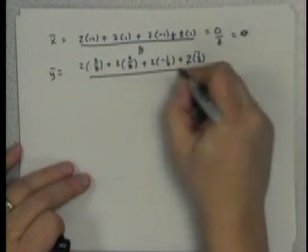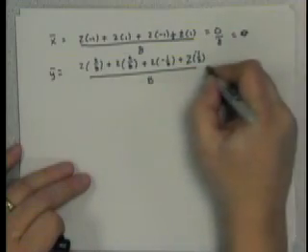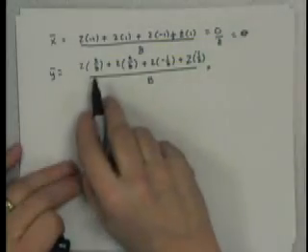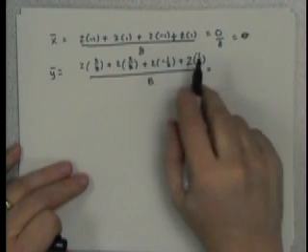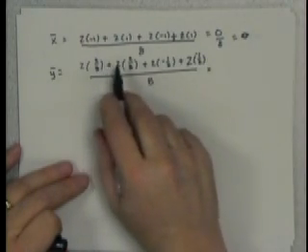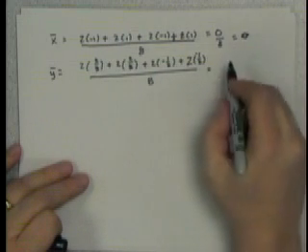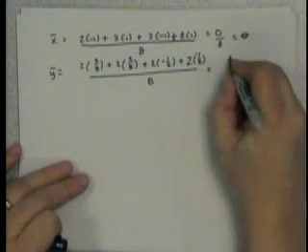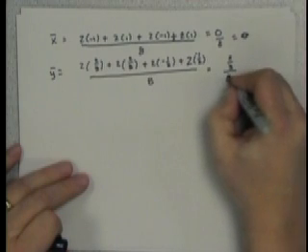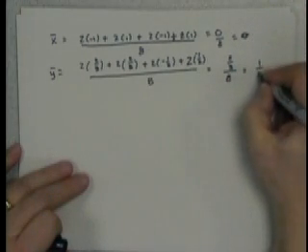And then you divide that all by 8. 4/3 and 4/3 and -1 and -1. So I have 2 and 2/3 minus 2 is 2/3, divided by 8 is 1/12.